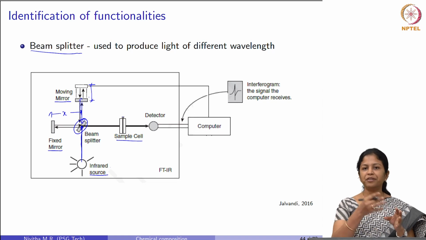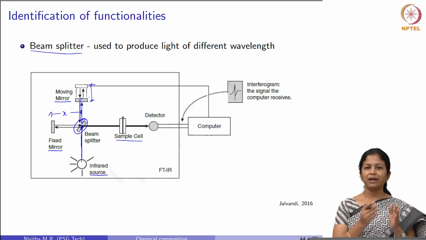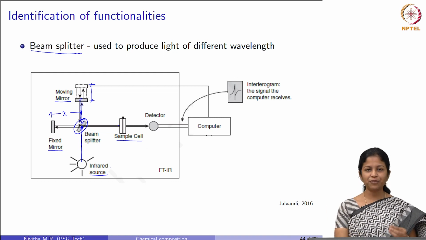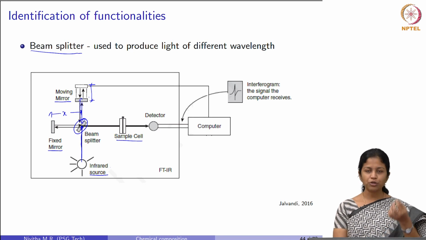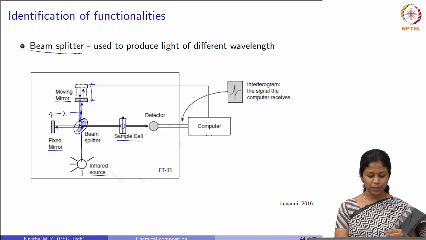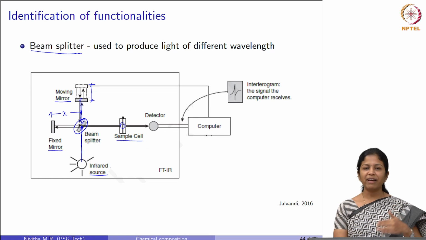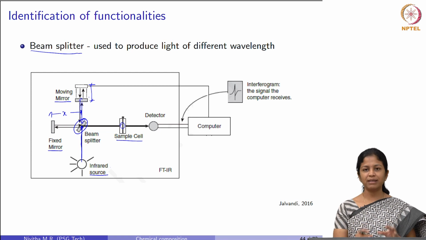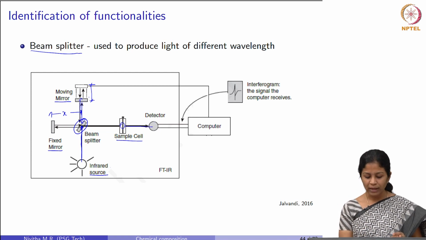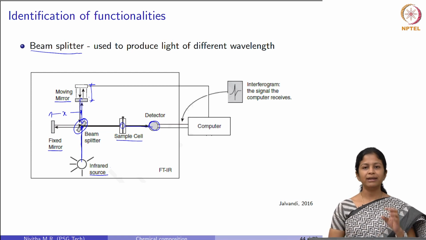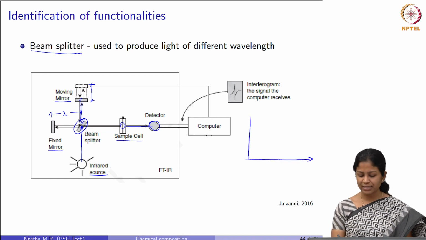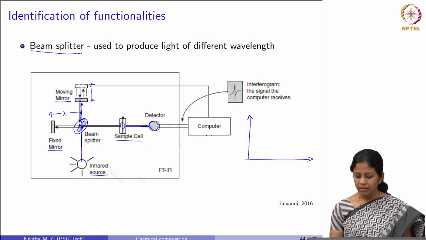We have different functionalities in our material, and each functionality vibrates at a specific frequency. Whatever frequency of vibration matches is absorbed by the sample, which then vibrates at a higher amplitude, and whatever is not present in the material will come out and be detected using a detector.